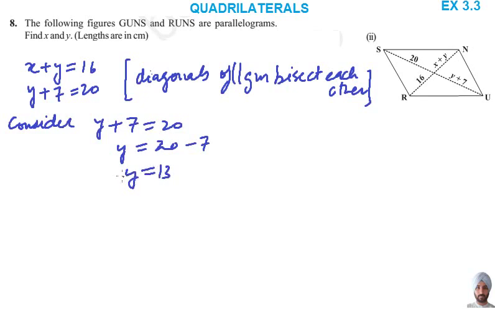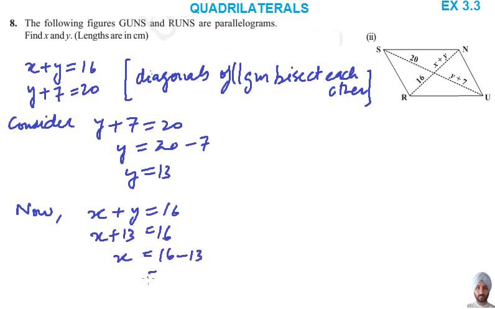Okay, now you are in a position to find x. So now x plus y is equal to 16, and because you have y, you can put y as 13 here. So x will be 16 minus 13, that is 3.